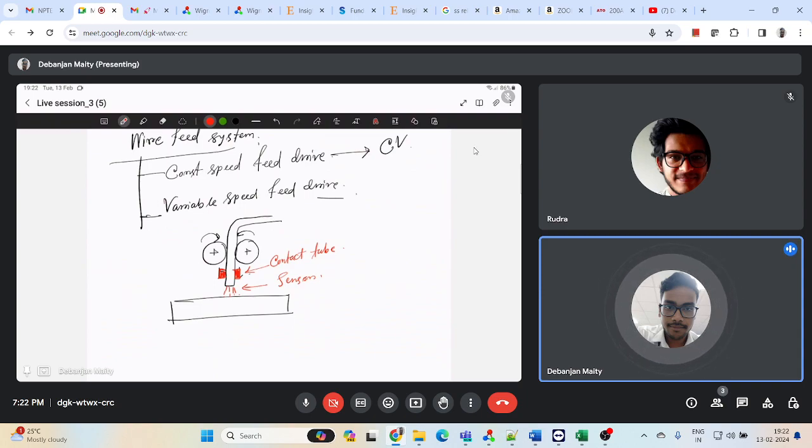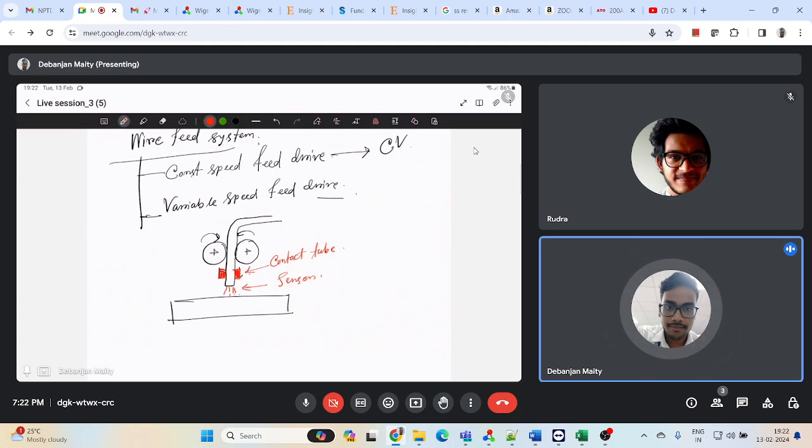So in that case, the feed rollers are used for feeding the electrode, just the way you do for a constant speed feed drive system, where the only difference is the feed rollers are rolling at a varying speed as per the need to maintain that arc length, like happens in submerged or gas metal arc welding.